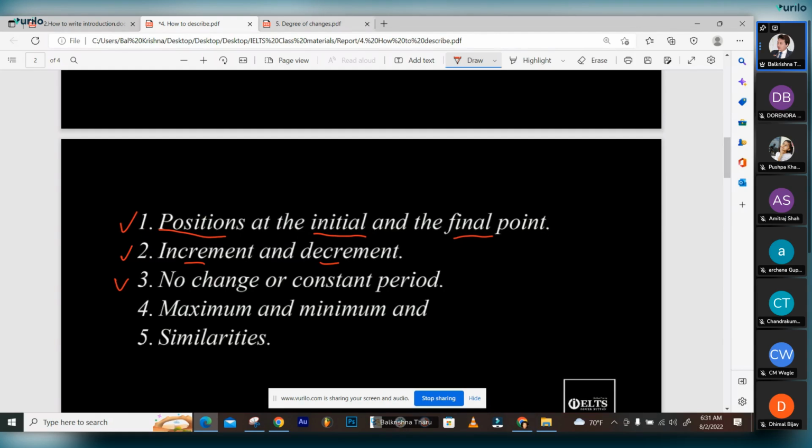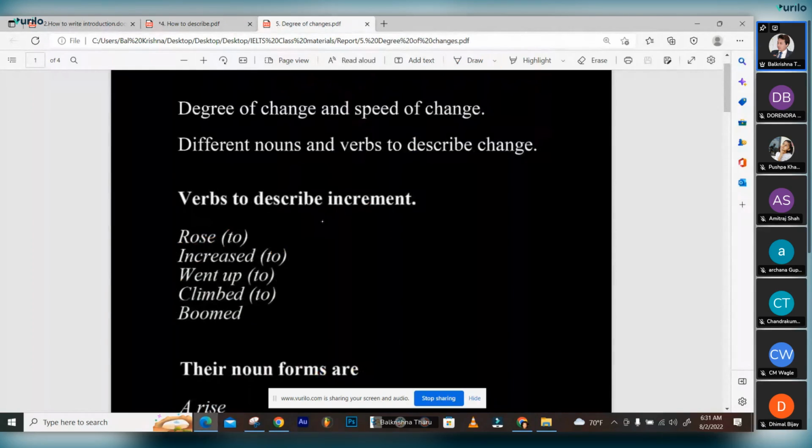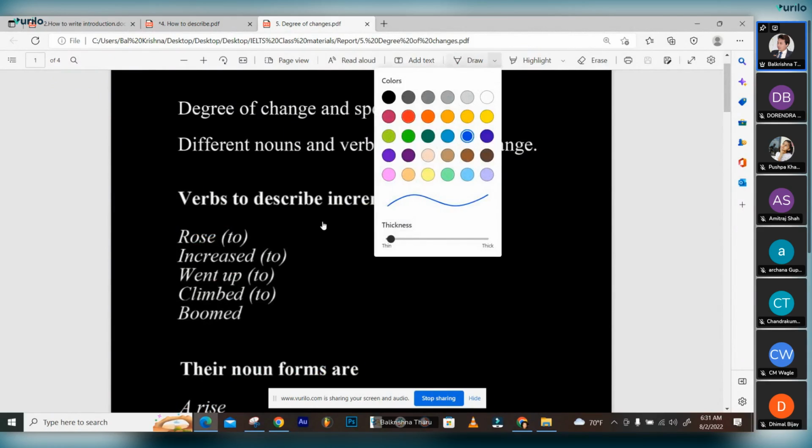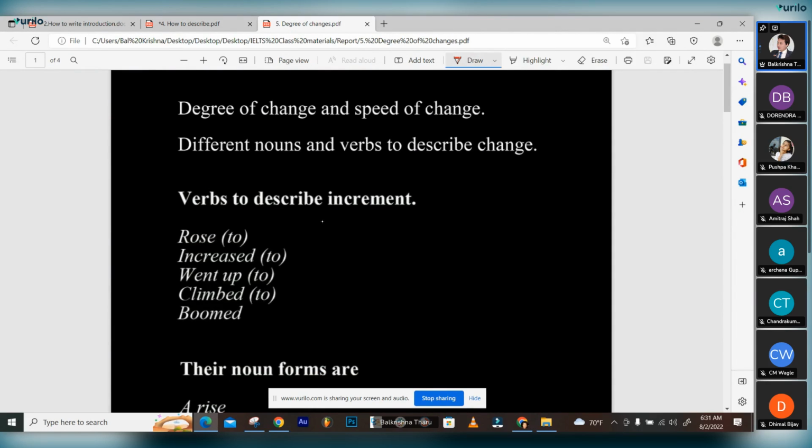To talk about increment and decrement, we need to know degree of change and speed of change.